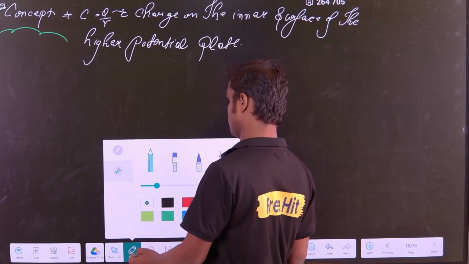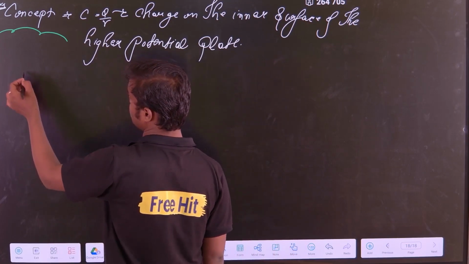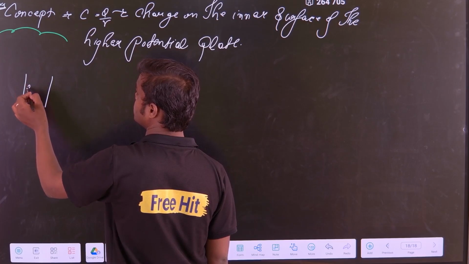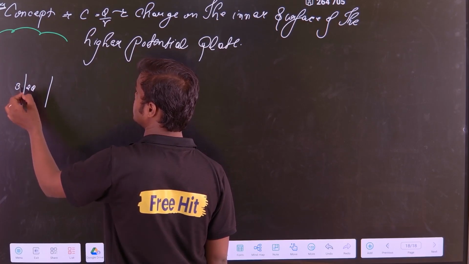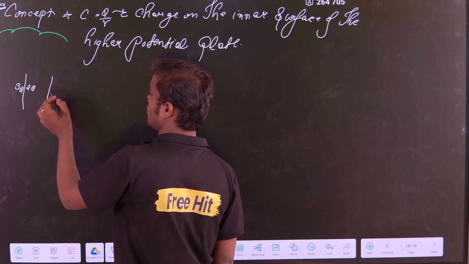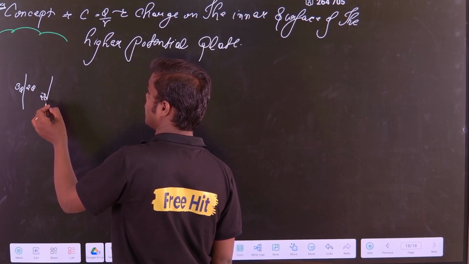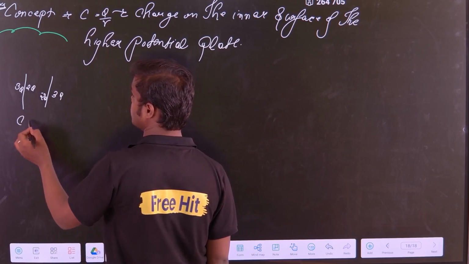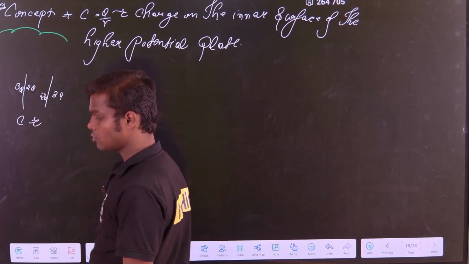So what I am trying to say is, suppose we have a parallel plate capacitor, and suppose on the inside surface the charge is 2q and on the outside 3q, correct? And suppose the other plate has minus 2q and 3q, like that. If I ask you what is the capacitance for this, what will you write?